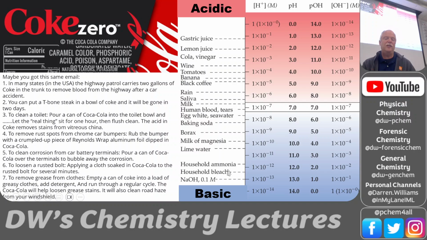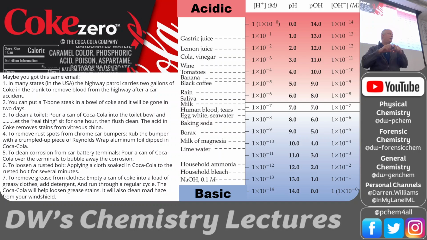A lot of times it's sodium hypochlorite, and so it's the basic form of hypochlorous acid, and then sodium hydroxide is even worse. Now we can find sodium hydroxide in liquid plumber and some of the drain cloggers, because what the base does with proteins is base mediated hydrolysis.